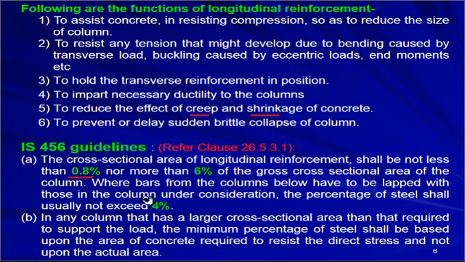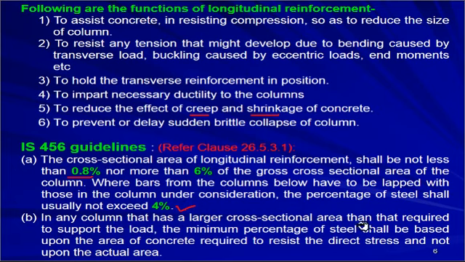Let's see which. The 6% of the gross cross-sectional area of the column applies where the bars from the columns below have to be lapped with those in the column under consideration. That means whenever lapping of bars is needed, to avoid congestion of the reinforcement, the 6% percentage of steel is reduced to 4%.